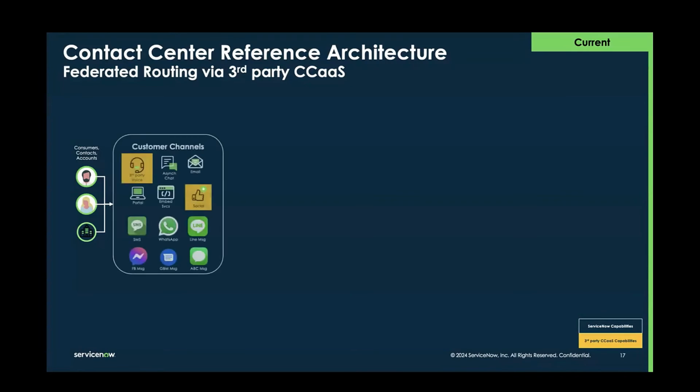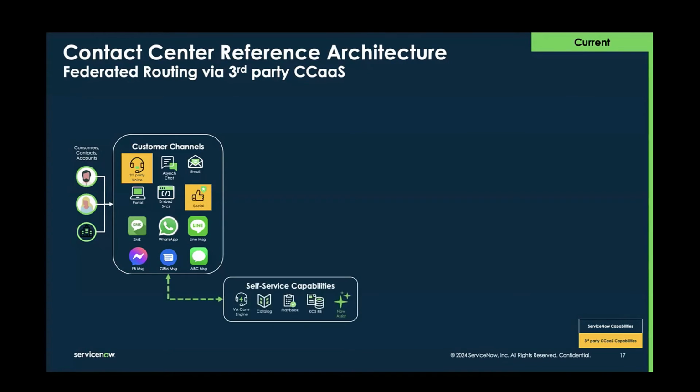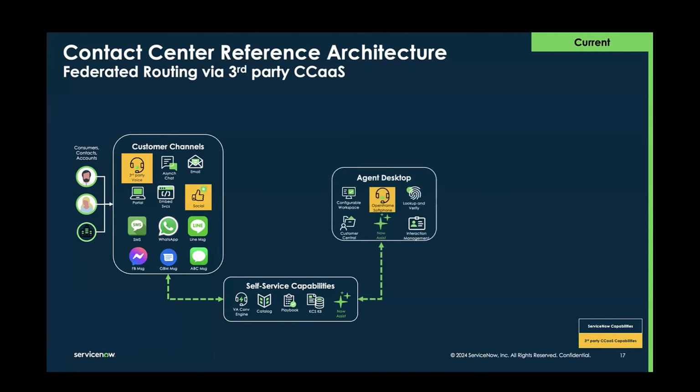In this case, all of the customer channels can be either from ServiceNow or from the contact center applications. All of the self-service capabilities available within ServiceNow are accessible by all of these channels. And then the agent desktop is where, as we talked about previously, the open frame softphone would be on the agent desktop.